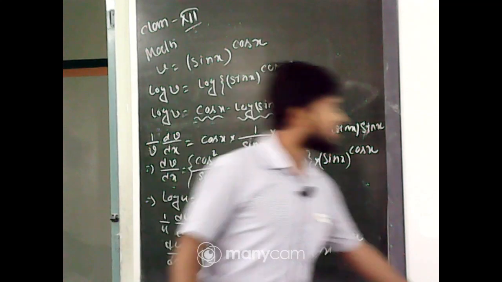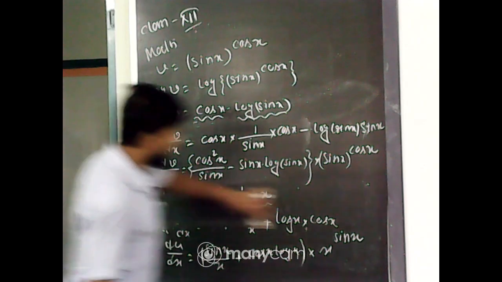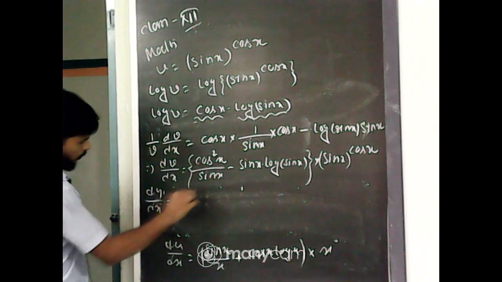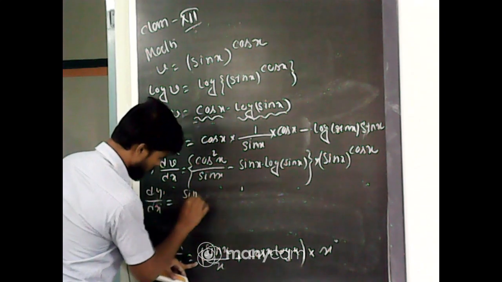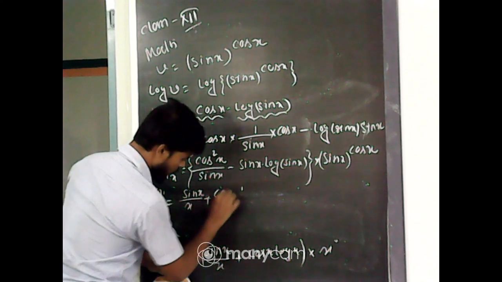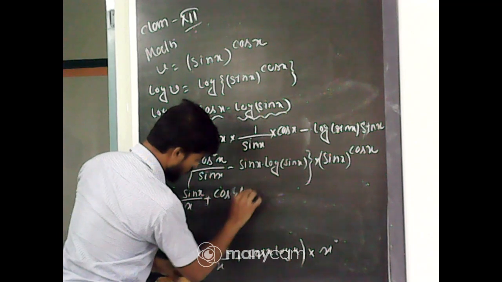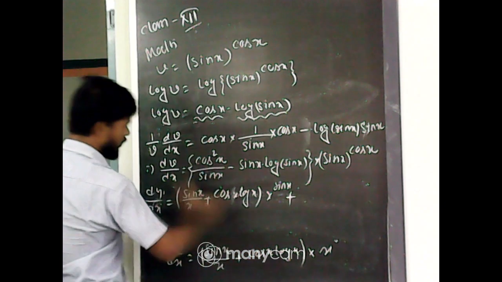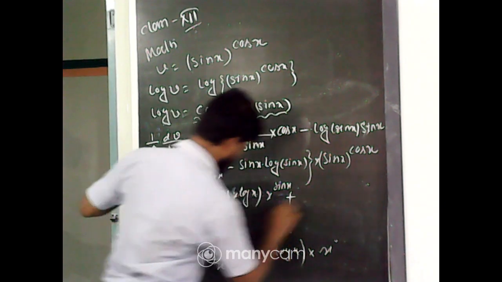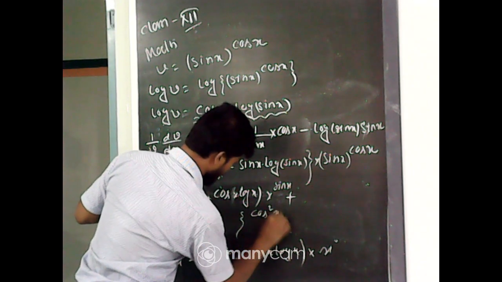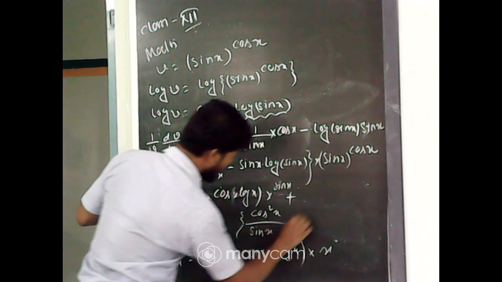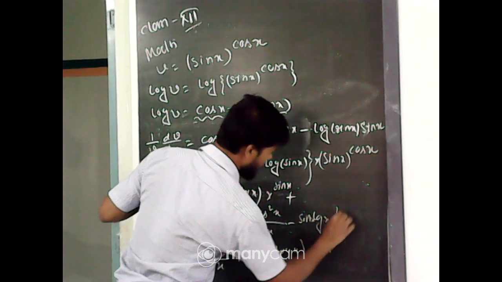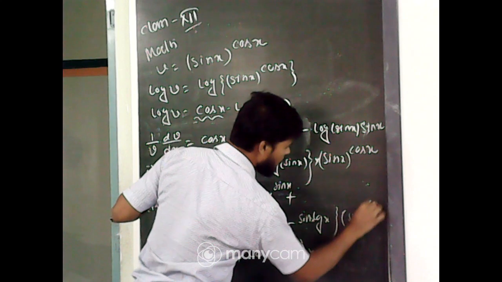Equation number 1 was dy/dx equals du/dx plus dv/dx. So dy/dx is equal to (sin x/x plus cos x log x) into x to the power sin x plus (cos square x/sin x minus sin x log sin x) into sin x to the power cos x.